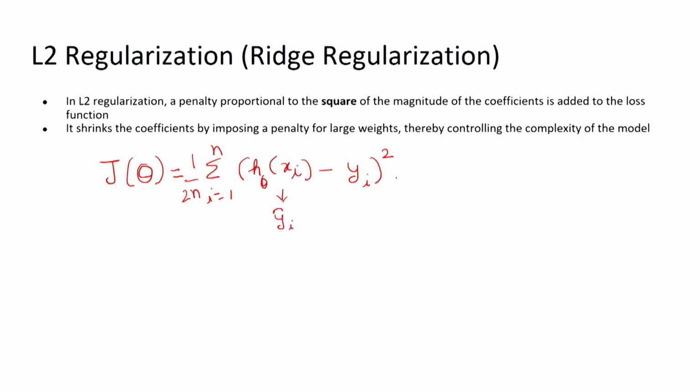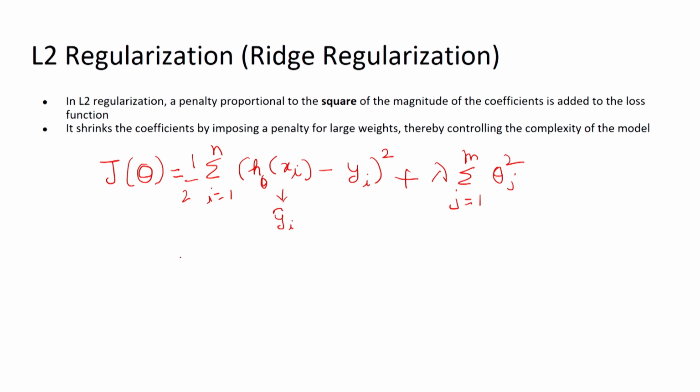But in case of L2 regularization, what we do, we add one more term, and that term is the square of magnitude of the coefficients. Your coefficients are written here in terms of theta. So, there is a parameter lambda, and then summation, suppose j is equal to 1 to the number of parameters, suppose m, of theta j square.